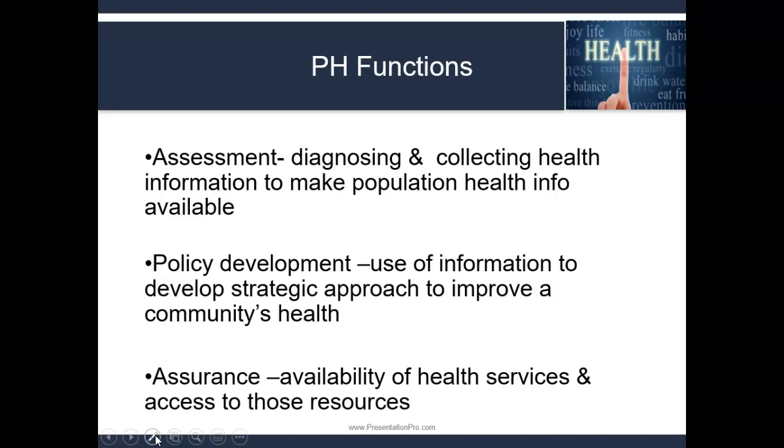So one way to think about it is the drive-through testing sites, the availability of health services, testing kits for people, maybe funneling money toward vaccine research and tests. Those are examples of availability of health services and access to those resources. Again, a good example with access is the drive-through, and anybody being able to drive up and get a test done. So again, those are the functions of public health.